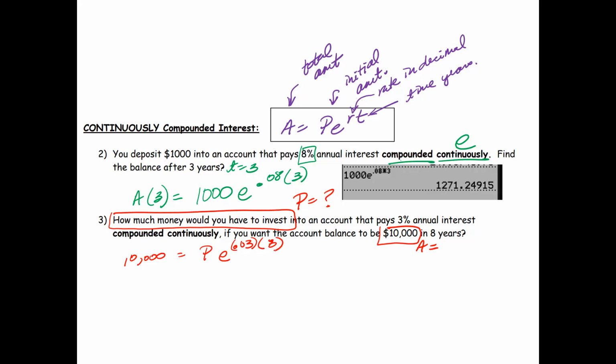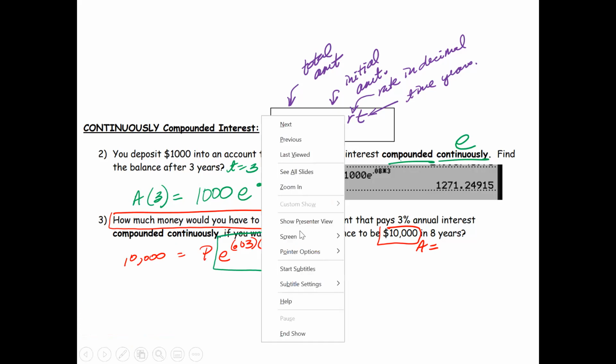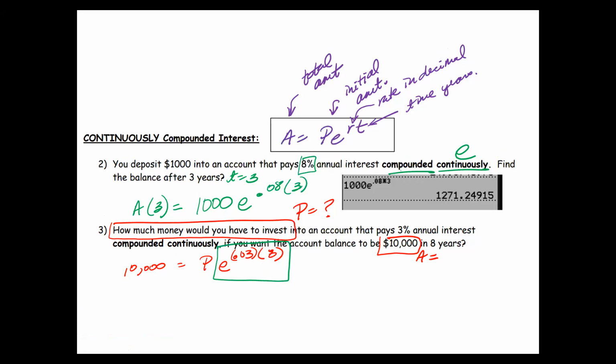All right, so let's go ahead and do this. First thing I want you to do with your calculator is focus on what is e to the 0.03 times 8. I want to figure that out first. Grabbing my calculator, I'm going to do second e, 0.03 times 8. That's going to give me 1.27.